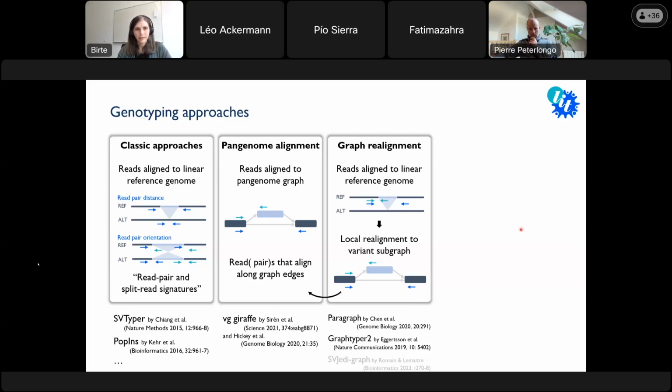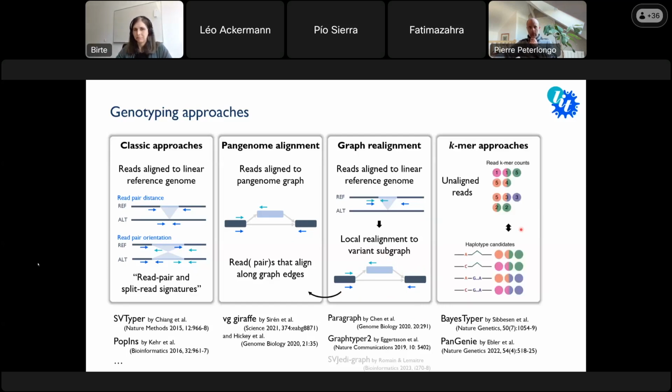And then the last class I decided to put here on the slide is the K-mer-based approaches, although you could also put these approaches in other classes.